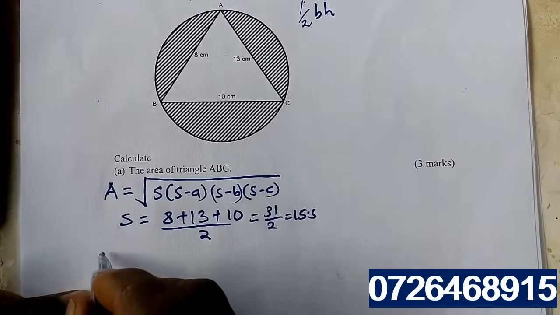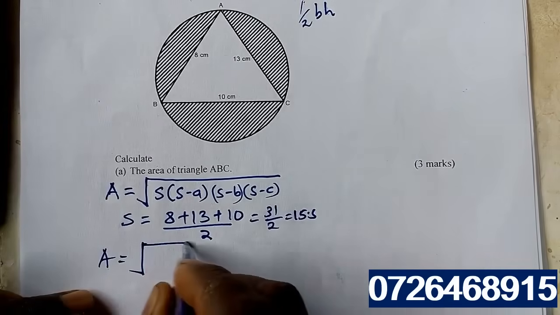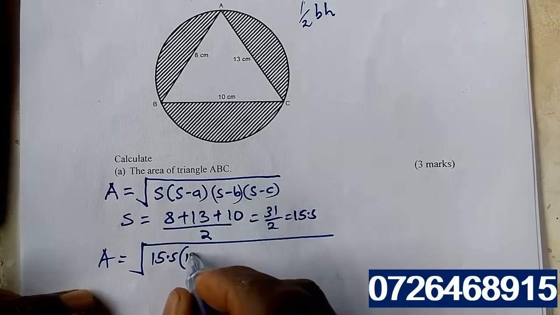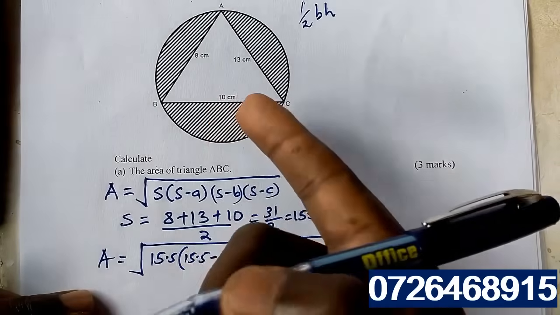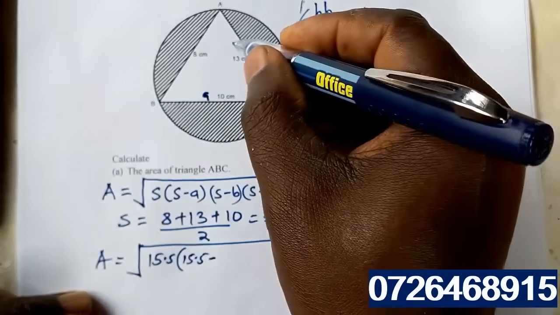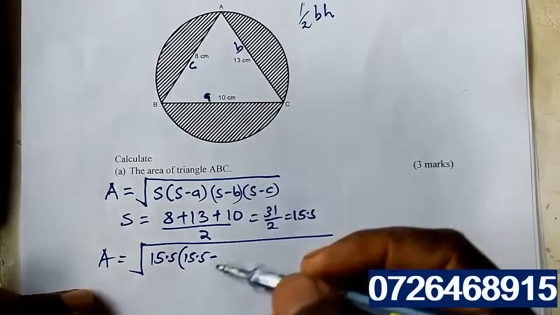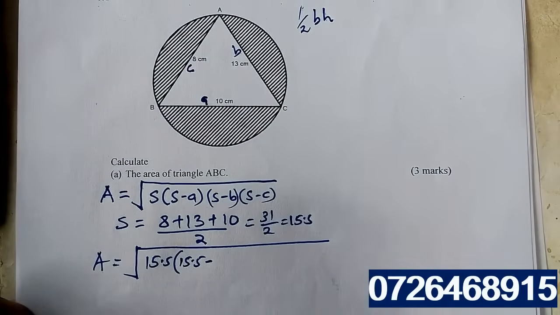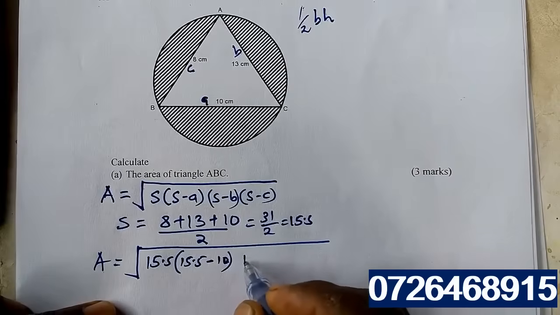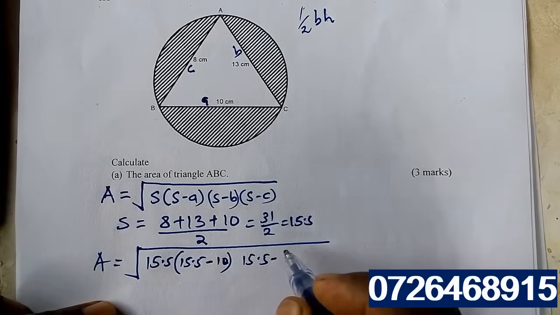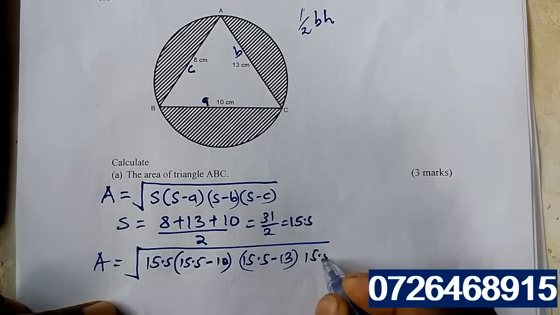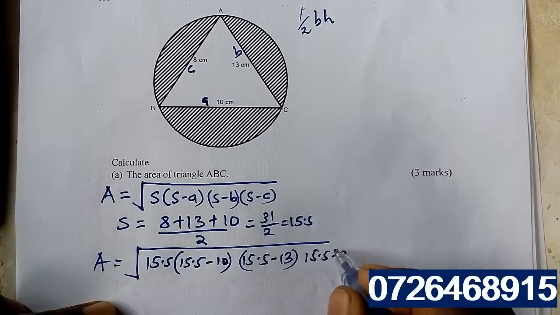Now let us substitute: area equal to the square root of 15.5 into 15.5 minus a, this is our a, b, c. I hope you know how to locate those things. So minus a, our a is 10, and then 15.5 minus b, which is 13, and then 15.5 minus our c, which is 8.